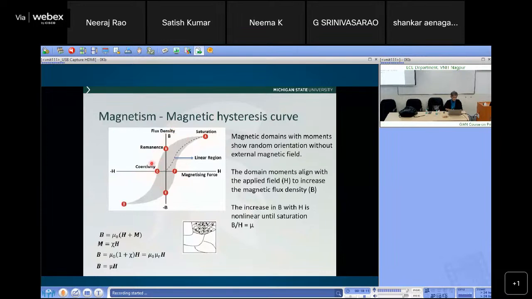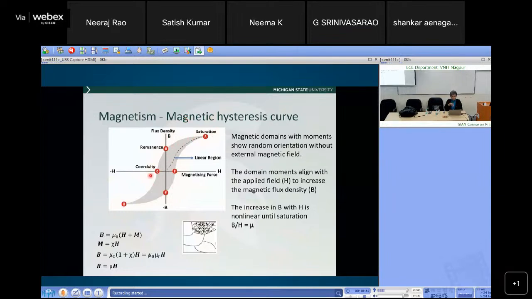And this field is called the coercive force, or the coercive field. Then this is repeated in the negative direction. All the moments are now pointing in the opposite direction and get saturated in the opposite direction. Then you go back and increase it again. You have the point E and F, which are symmetric about the origin, and then this goes on.